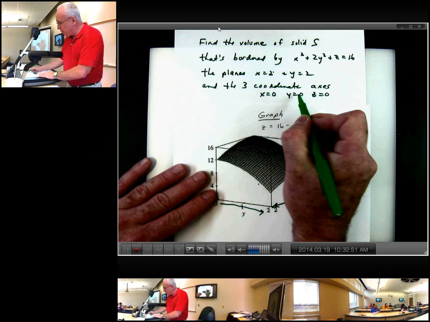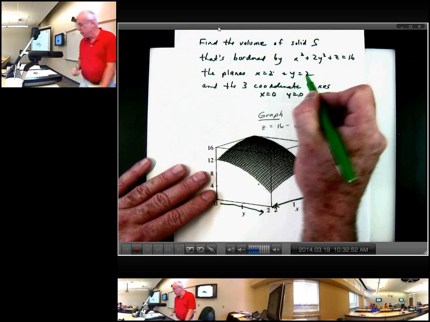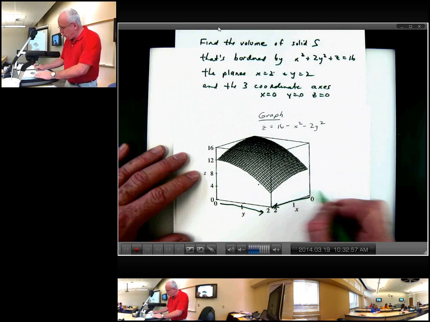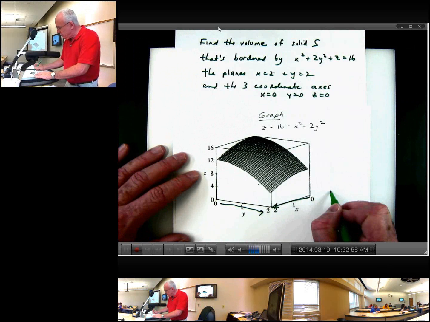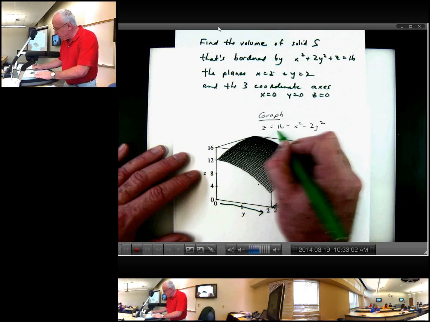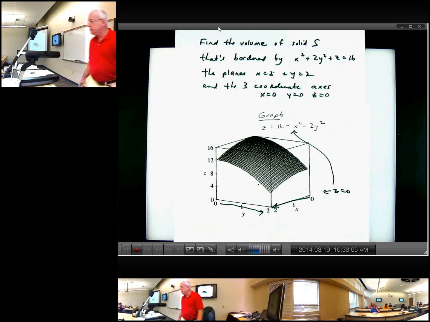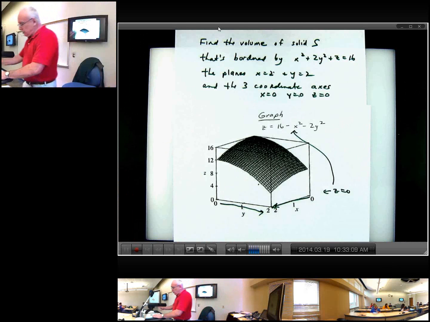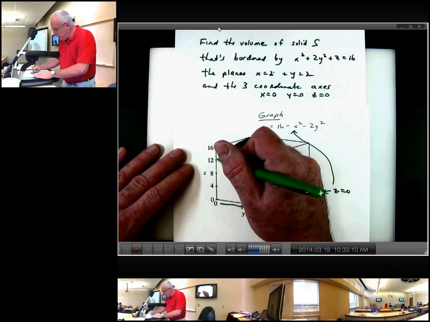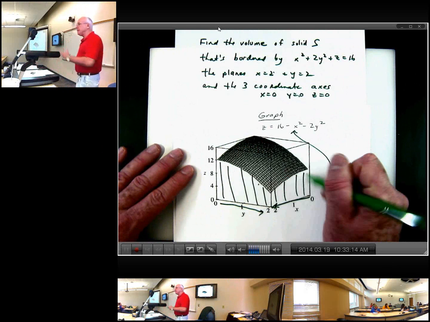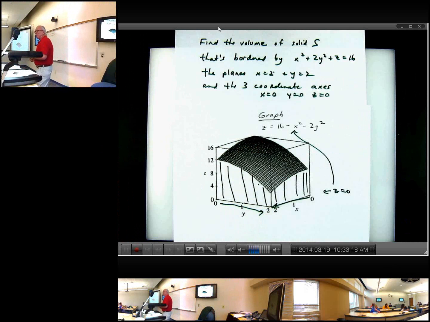Again, it's bordered from y equals 0 to y equals 2. The bottom floor of this is going to be z equals 0. The top part of it is going to be z equaling 16 minus x squared minus 2y squared. So we're talking about this whole volume that's captured underneath that flying surface, or carpet, whatever you want to call it.